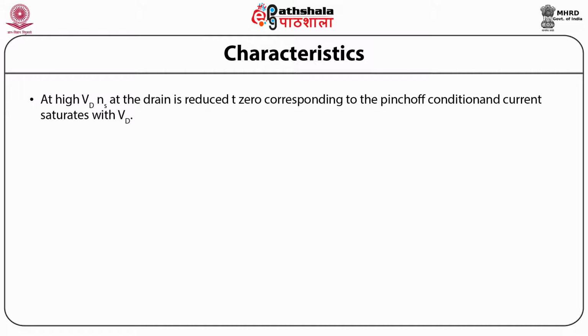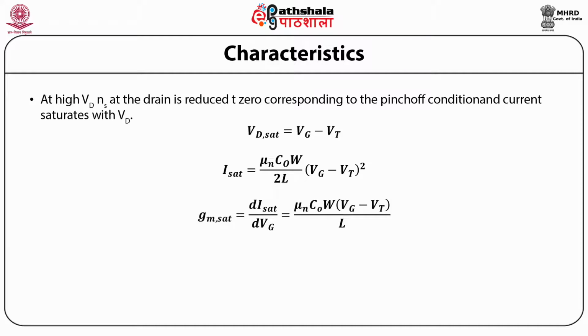For this saturation, Vd saturation, the voltage, is equal to Vg minus Vt, and I saturation is equal to mu n C naught W by 2L multiplied by Vg minus Vt the whole square, and Gm saturation equal to dI saturation by dVg, equal to mu n C naught W multiplied by Vg minus Vt divided by L.